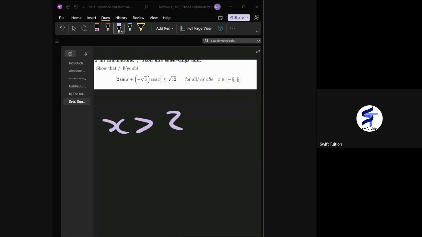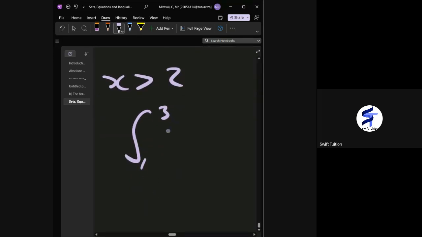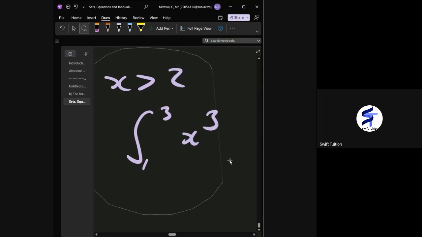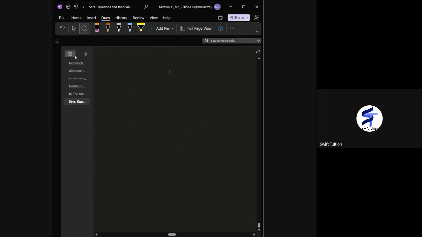I'm saying that x could be a number somewhere as long as it's greater than 2. I could bound the numbers a little bit. When you do integration, you'll find that you will bound the numbers, for example, from 1 to 3, and then you're going to be integrating a function like x cubed. But don't worry about that right now. Integration can get a little bit scary, so we're going to keep that on the back burner for now.